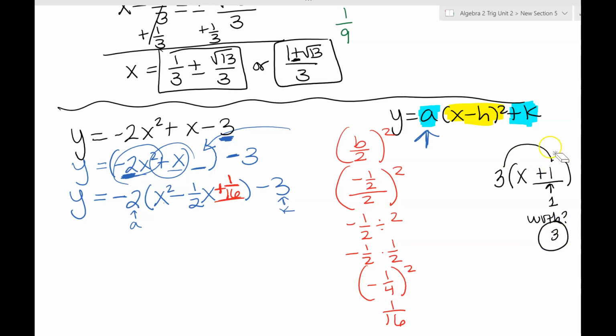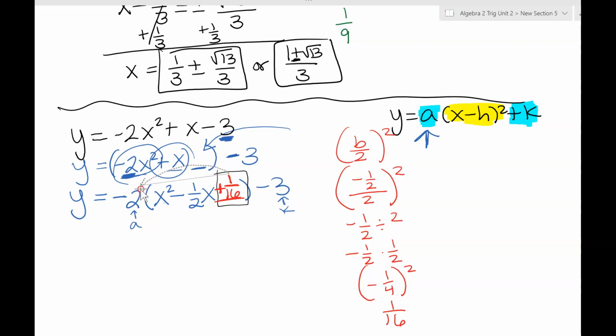So just because we write down a number, it doesn't mean we've really added that much to the equation. We wrote down the number 1/16, but that 1/16 is in a quantity that's being multiplied by -2. So really, by writing the 1/16 in a quantity that's getting multiplied by -2, I have actually added a quantity of -1/8 onto my equation.